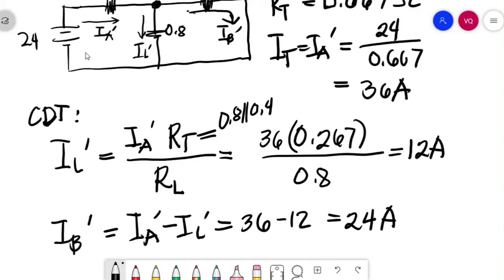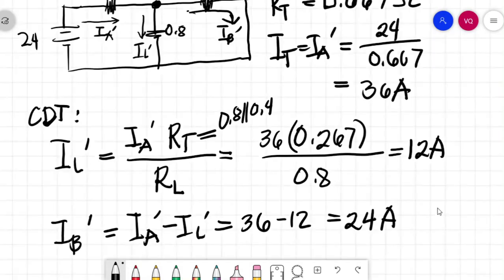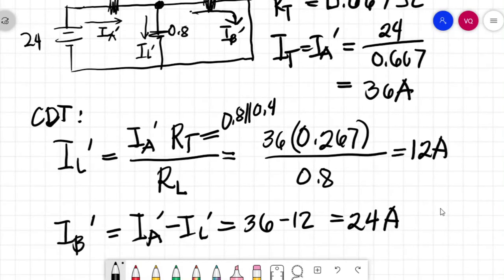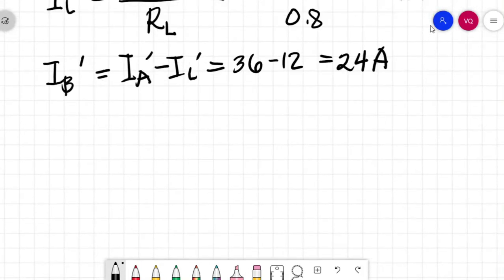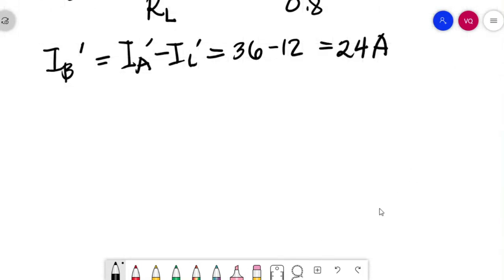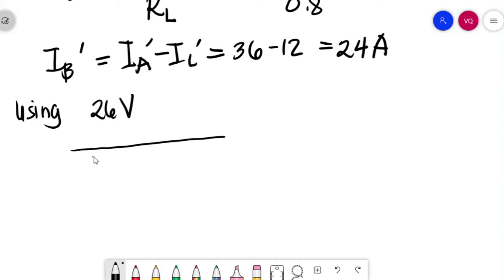And we are now ready to solve branch currents also using the second source voltage, which is 26 volts. So using 26 volts, we will redraw again the circuit.